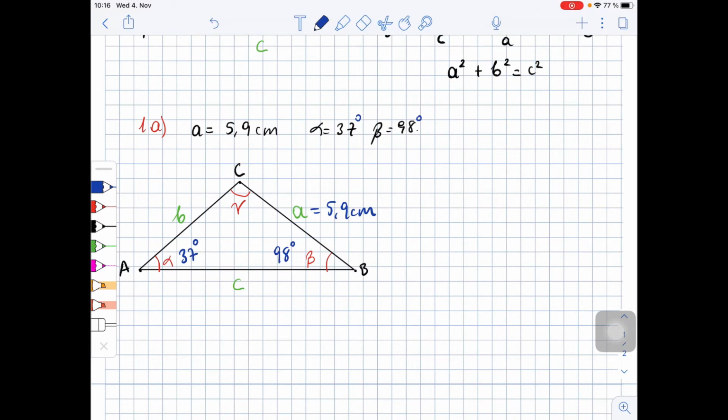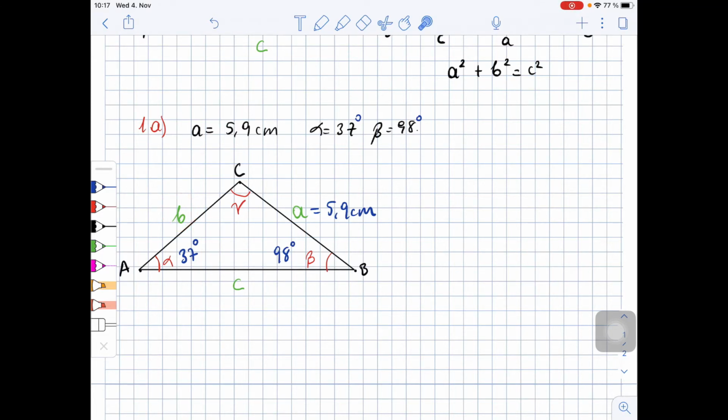Now, what can I use over here? Let's see, can I use the Kosinussatz? Let's look at one of the missing sides. Which one is missing? b.